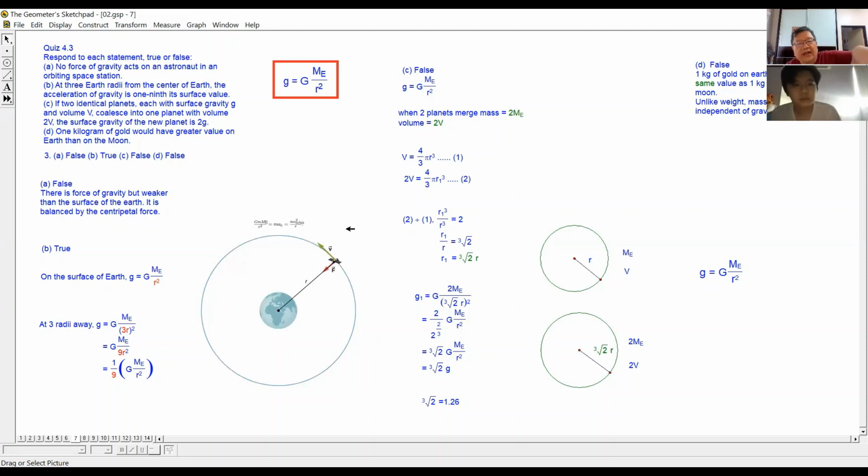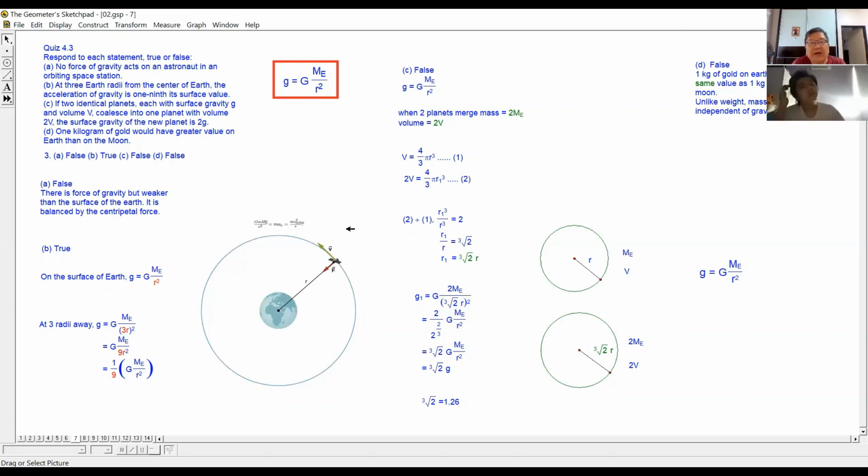That means they are rotating, moving in a circle around the Earth. Now, when you talk about moving in a circle, there will be a centripetal force. So this centripetal force is countering the gravitational force.